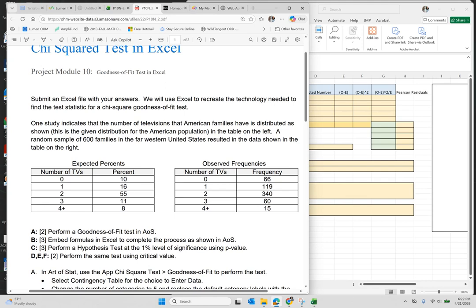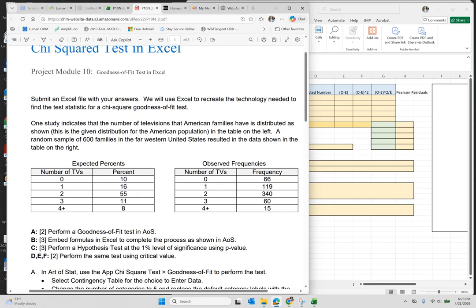So if we read carefully the table on the left, we have a column for the number of TVs, and then we have a column for a percent. So even though these numbers are whole numbers, they are percentages, and when written as values, they have to be decimals or percentages.